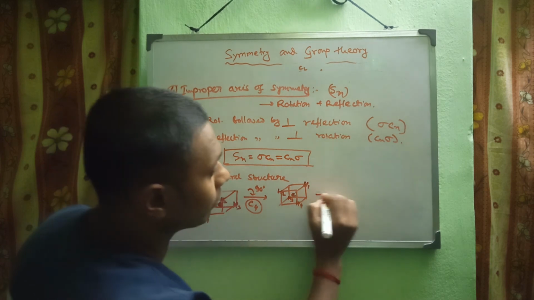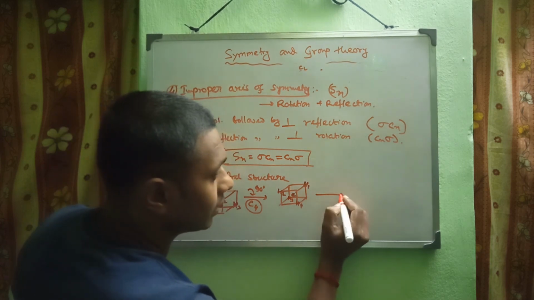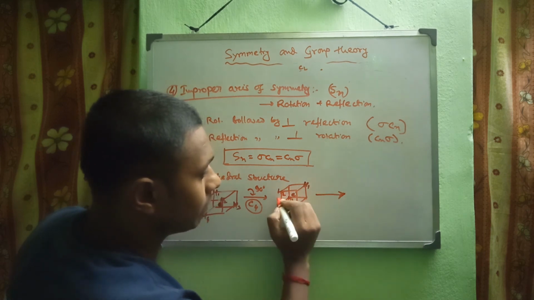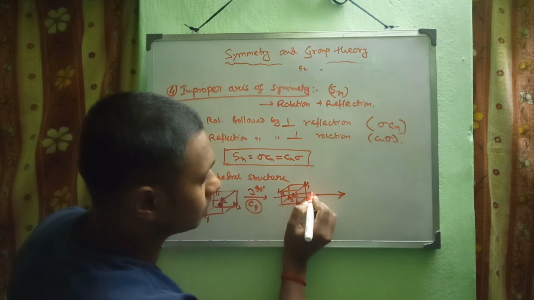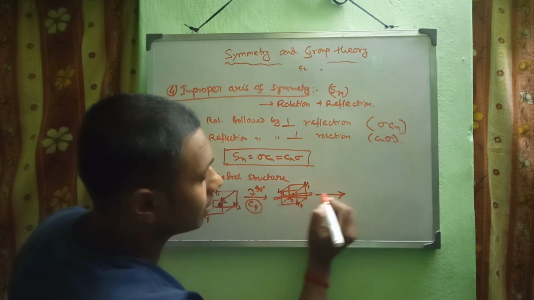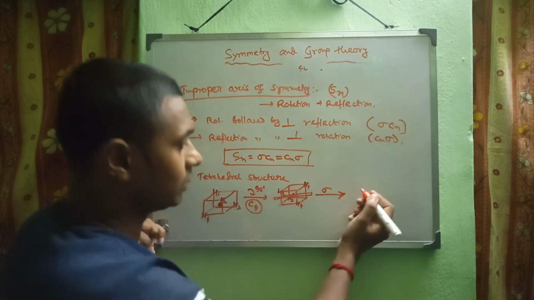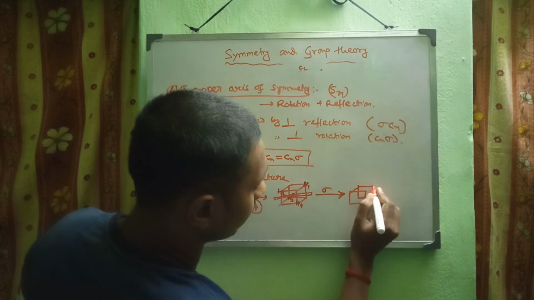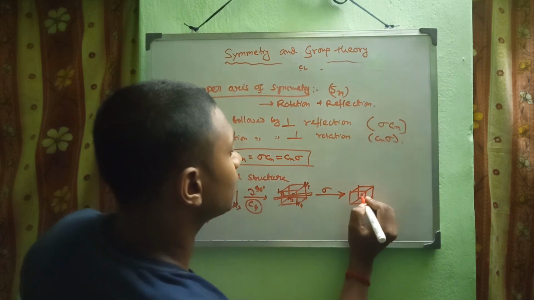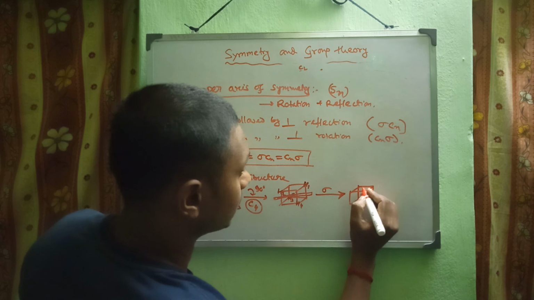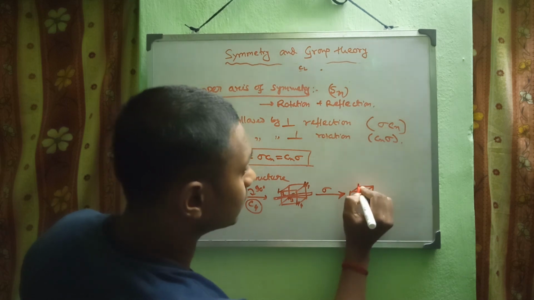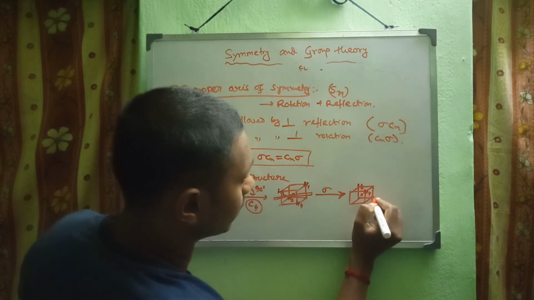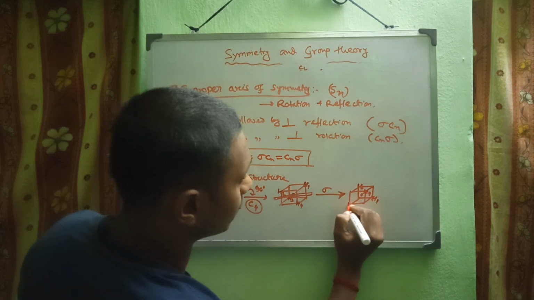Now if we pass a plane which is perpendicular to this axis, perpendicular to the C4, we put a plane here, sigma, then we get carbon, H3 will be here, H4, H1 will be here, and H2 will be here.